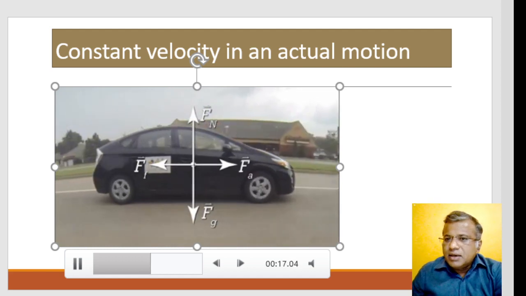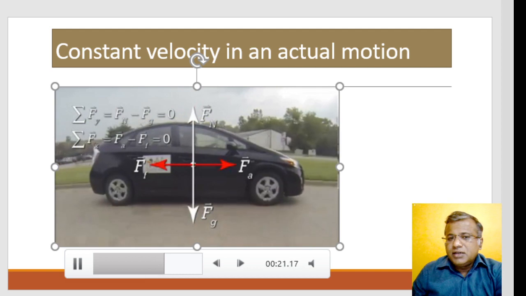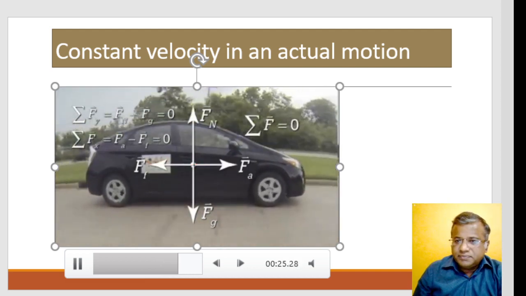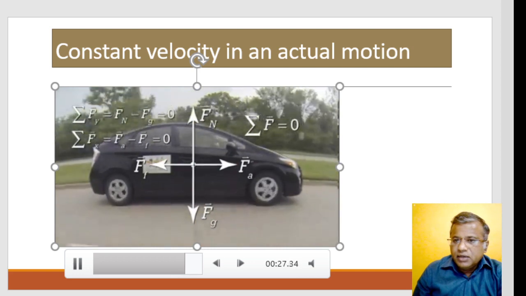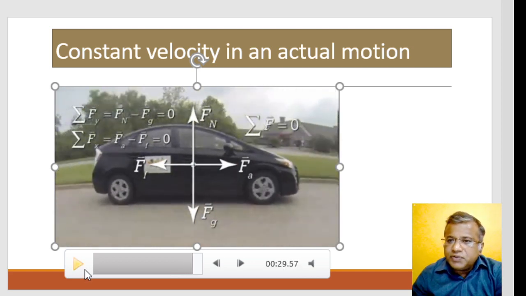But there is a frictional force acting in which direction? Backward. If I assume that the car is going with which velocity? Constant velocity. Then what should happen? The applied force by the engine should be equal to the frictional force.